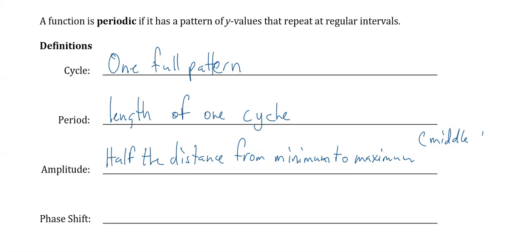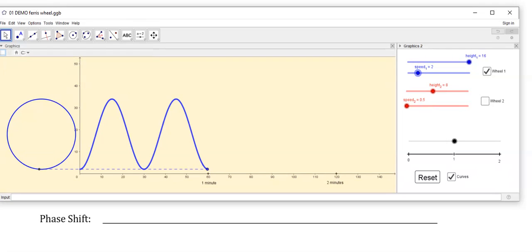So again, the actual maximum height, remember, for this one, is the entire diameter of the Ferris wheel plus that little bit on the bottom. But the amplitude of the graph of a periodic function is, if I take the minimum value to the maximum value, whatever that is, which in this case is 16, right?